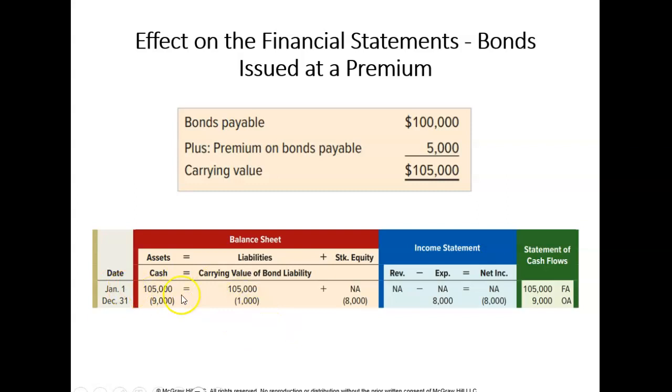You're going to recognize the amortization of that premium of 1,000, and your stockholders' equity is going to decrease by 8,000, which is your interest expense. So notice the interest expense would be the amount of cash paid minus the reduction of that premium. Although the bond has a 9% stated interest rate, you're paying them less in interest because you receive 105,000.